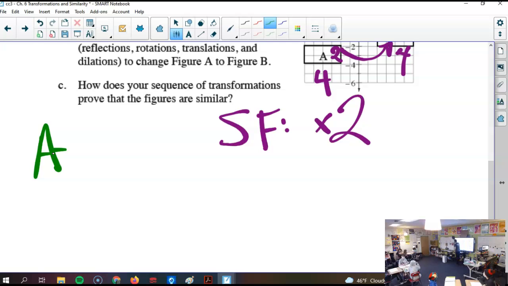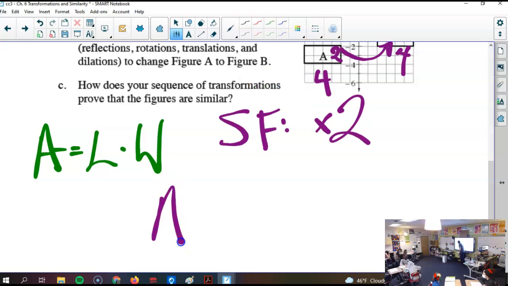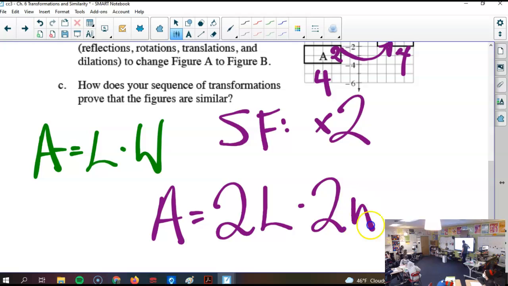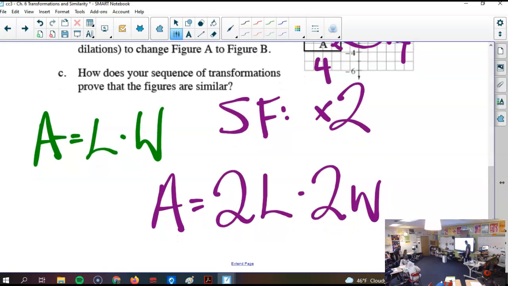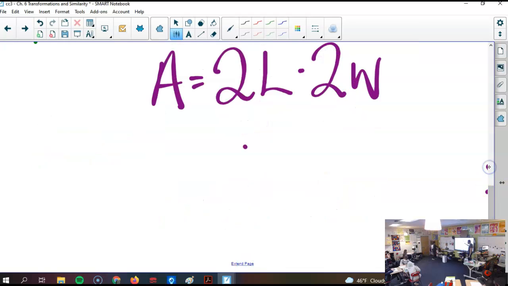Be a problem solver. The area is length times width. And when I scale my shape up, the new area is double the length, double the width, double your pleasure, double your fun. What happens when you double? 4. You quadruple.